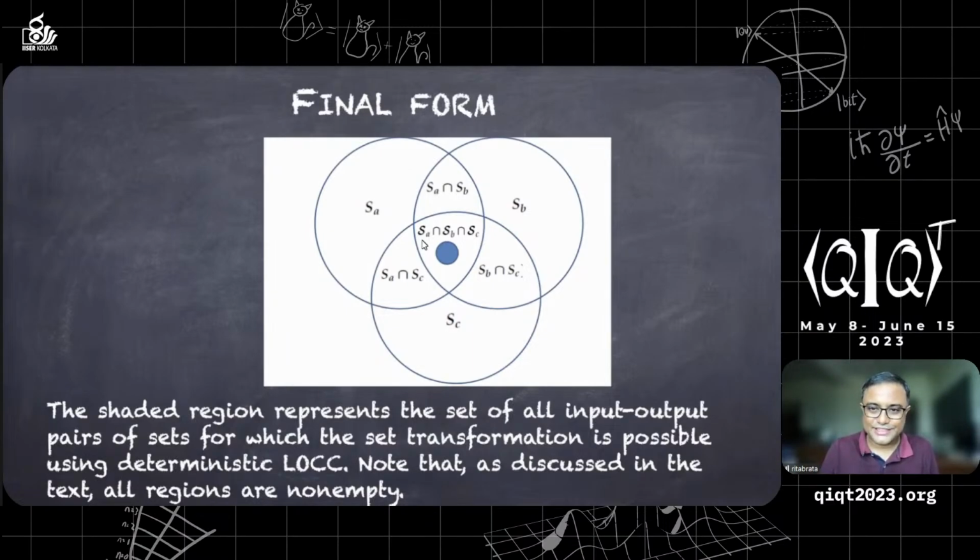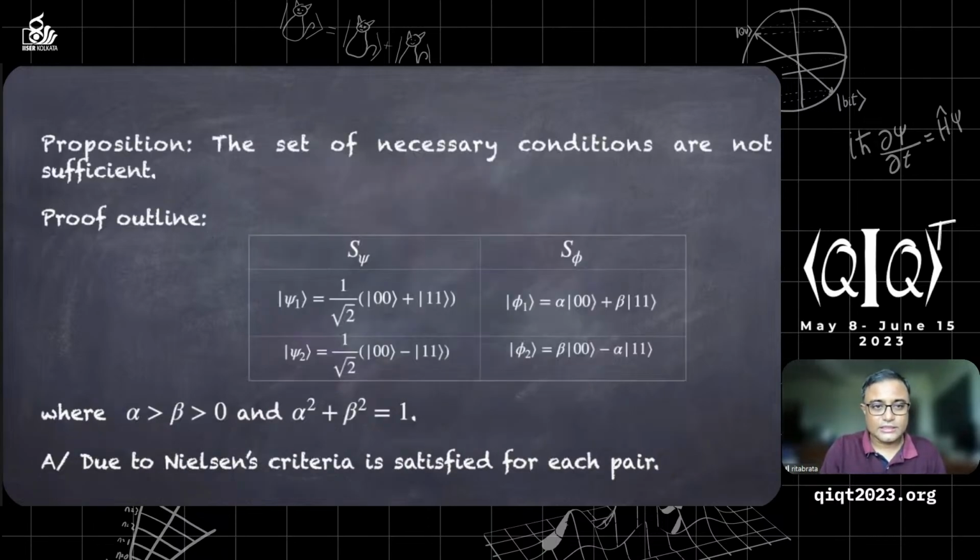I'm a mathematician, so I would like to know whether these are sufficient conditions also. Unfortunately, the answer is no, they are not sufficient. So let me give a proof outline of it. These necessary conditions are not sufficient.